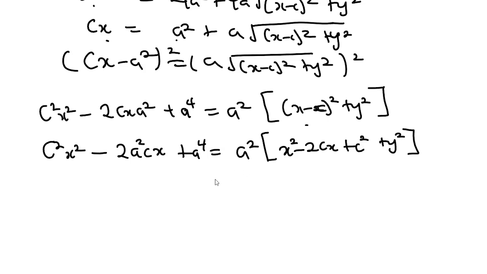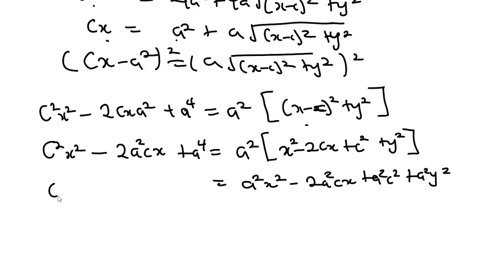Now this is multiplying through. So we have a squared x squared minus 2a squared cx plus a squared c squared plus a squared y squared. So let's add this side, c squared x squared minus 2a squared cx plus a exponent 4.